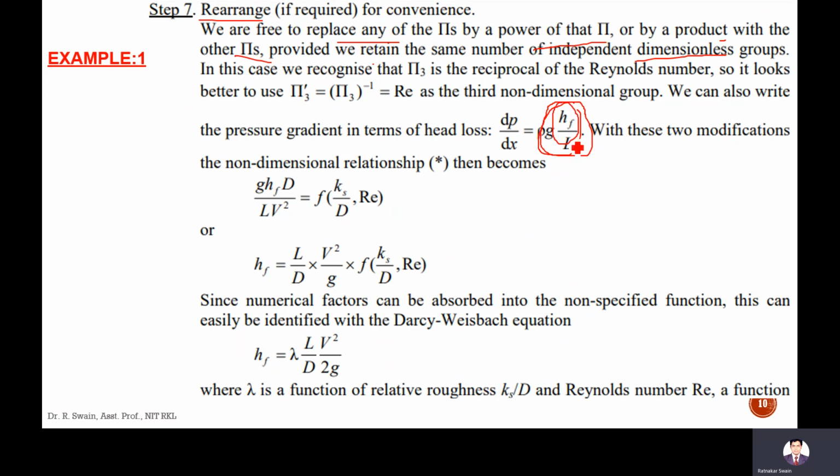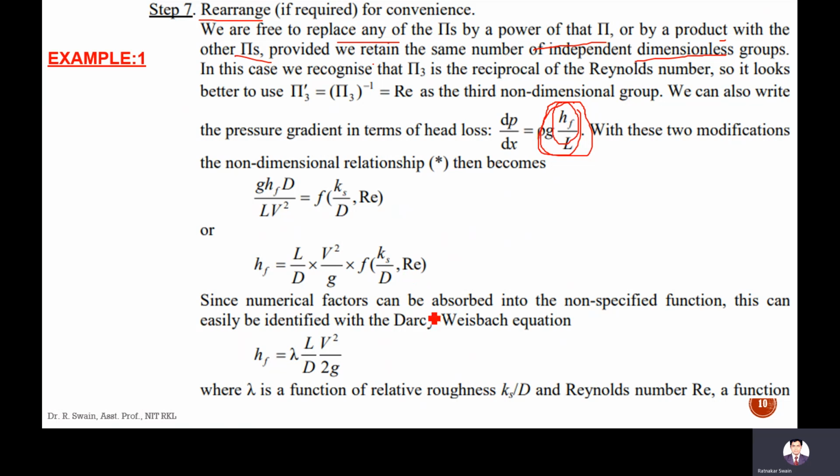If we write dp by dx as rho g hf by L here, we will get hf as L by d into b square by g into a function of ks by d and Re. This is actually 1 by Re, that also we can write as Re. As per our convenience, we can rearrange a little bit.